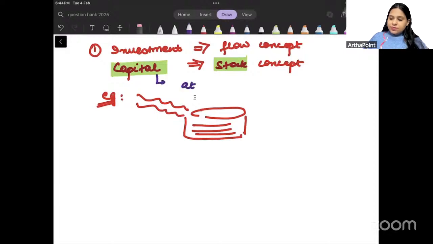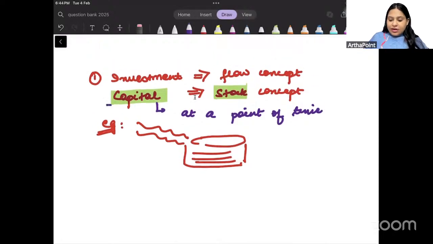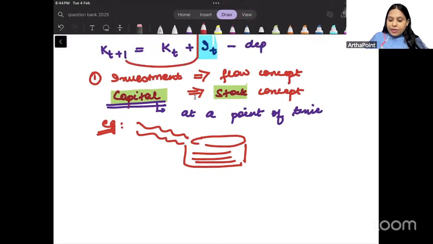Whereas investment is something that adds to capital. माने जब भी हमारा capital over period change होगा, suppose I ask you what is going to be my capital in period t plus 1, you will say last year's capital plus investment minus depreciation. So ये investment is going to add up to your capital. ये एक important concept है जो exam में आ सकता है.